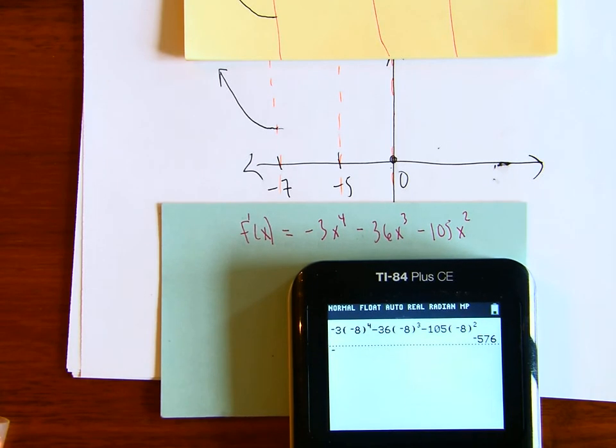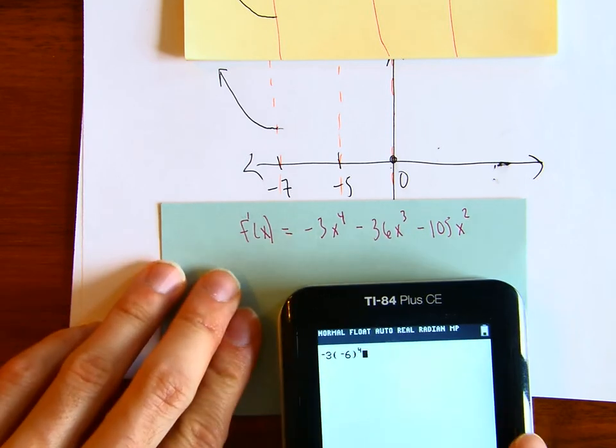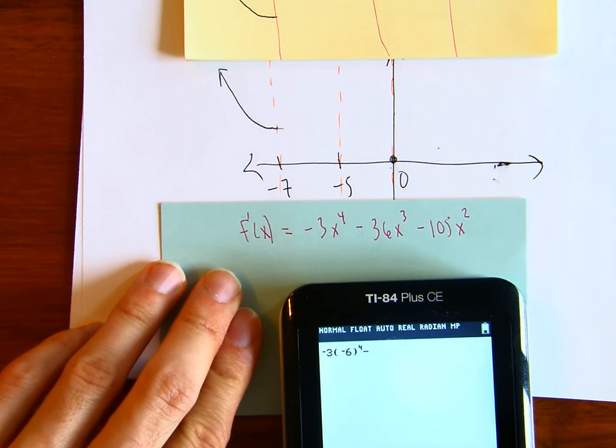So negative 3 parentheses negative 6 to the 4th, minus 36 parentheses negative 6 cubed, minus 105 parentheses negative 6, the whole thing squared.